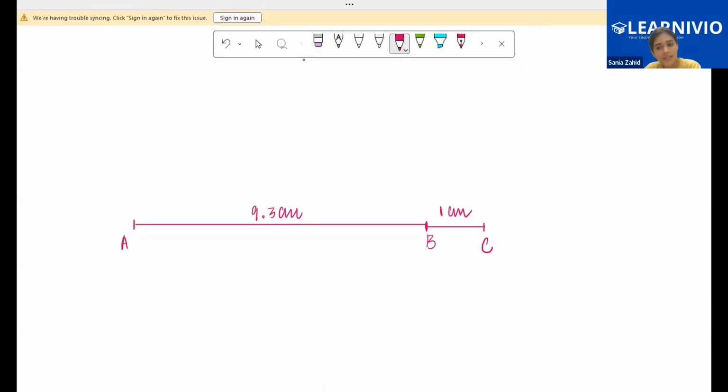Hafsa, you did not draw it with a scale. No, I did. I have a scale right here. But your line is, first your line is like this, then your BC line is going like this. Why is it slanting? You should draw it straight.